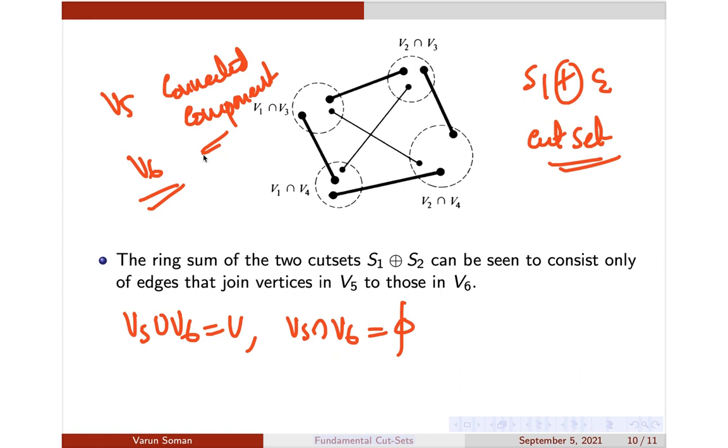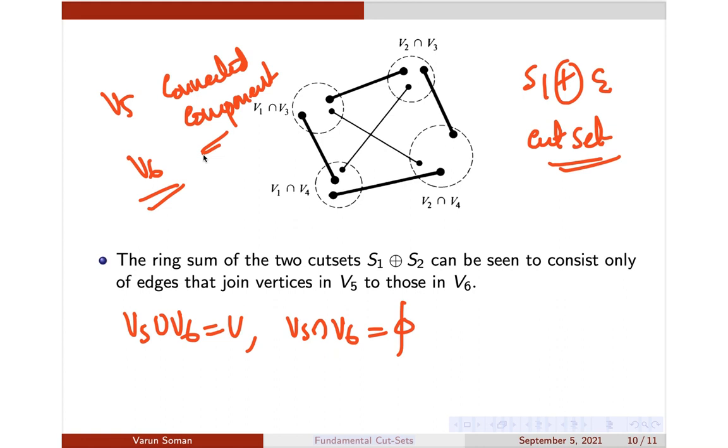S1 ring sum S2 is the only set of edges connecting V5 and V6. When you remove S1 ring sum S2, all the connections between V5 and V6 will be severed, and you will get two distinct components, V5 and V6.